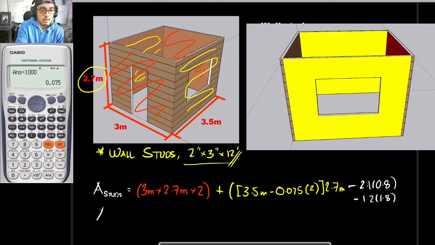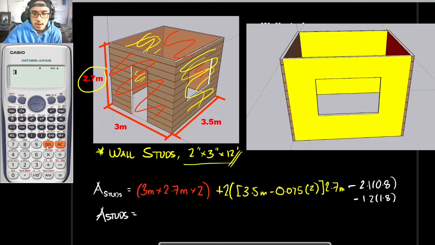So with that, the area of the studs would be, using my calculator on your left, 3 times 2.7 times 2 plus 2 times parenthesis 3.5 minus 0.075 times 2, closing parenthesis, times 2.7 minus 2.1 times 0.8 minus 1.2 times 1.8.